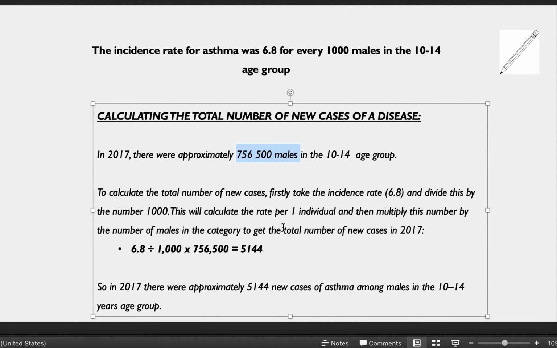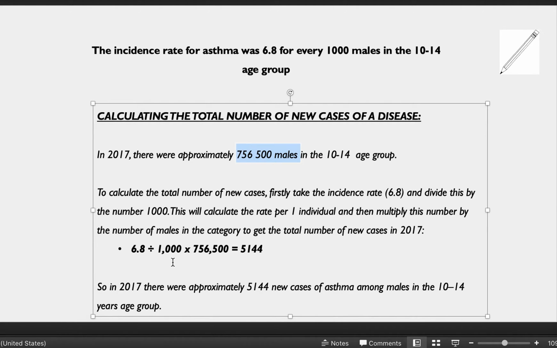So in 2017, there was about 756,500 males in that age category, and we know what the incidence rate was. So to calculate the total number of cases, and it's quite a strange calculation until you get to the end, we take the rate, our 6.8, and because that's per 1,000, we go 6.8 divided by 1,000.